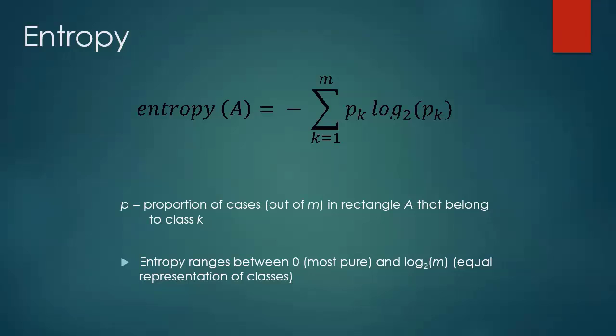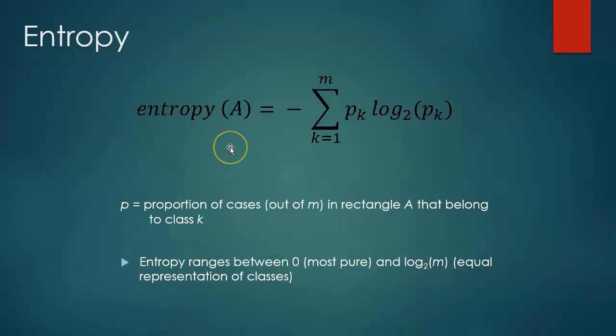Now entropy also ranges from 0 for the most pure class to log base 2 of m. If there are only 2 classes, then log to the base 2 of 2 would be 1. If there are more classes, then this log base 2 of the number of classes would be different. So in the case that we encounter most frequently, the 2 class case, the entropy would range from 0 to 1.